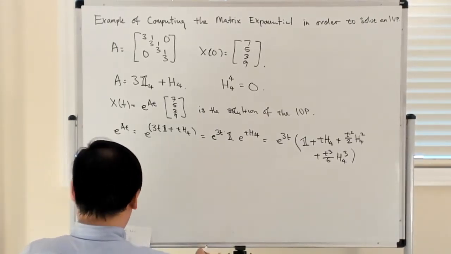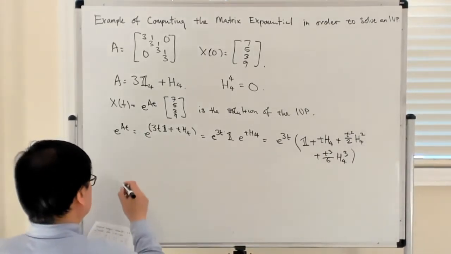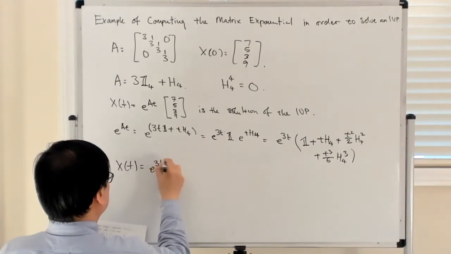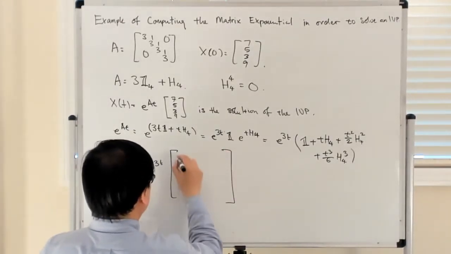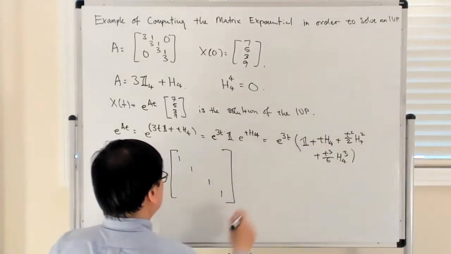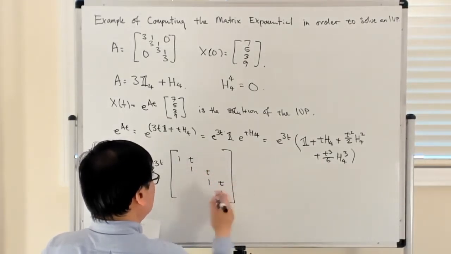So let me just write this down. The solution x of t is going to be e to the 3t times the matrix, which is going to consist of the diagonal entries. And then tH4 is just this diagonal of t's, just up 1.